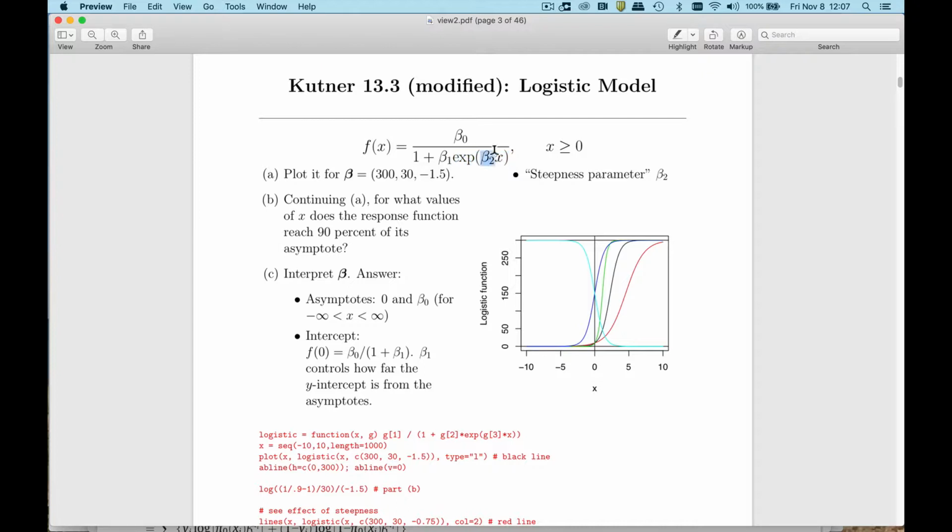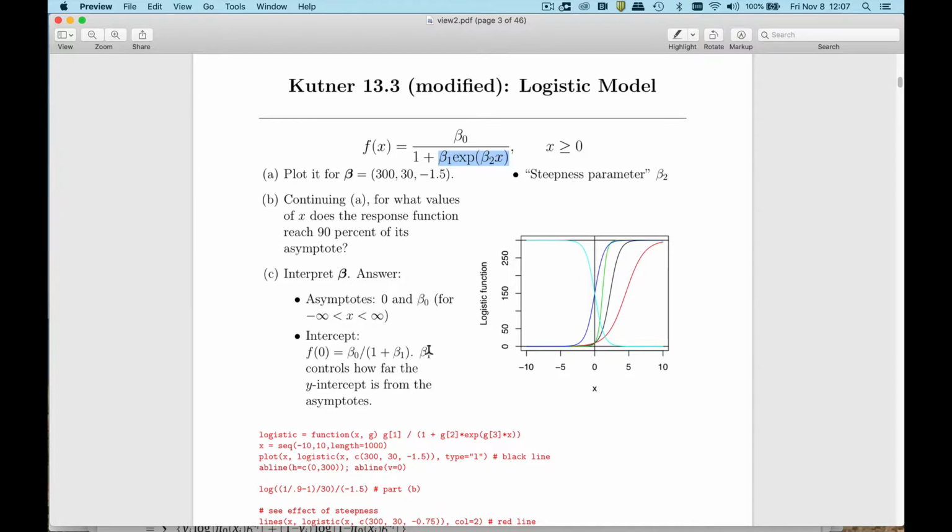Alternatively, let's just keep beta 2 positive for now. As x goes to negative infinity, this term is going to get smaller and smaller and smaller. And so this whole thing is going to vanish, and you're just left with beta 1.